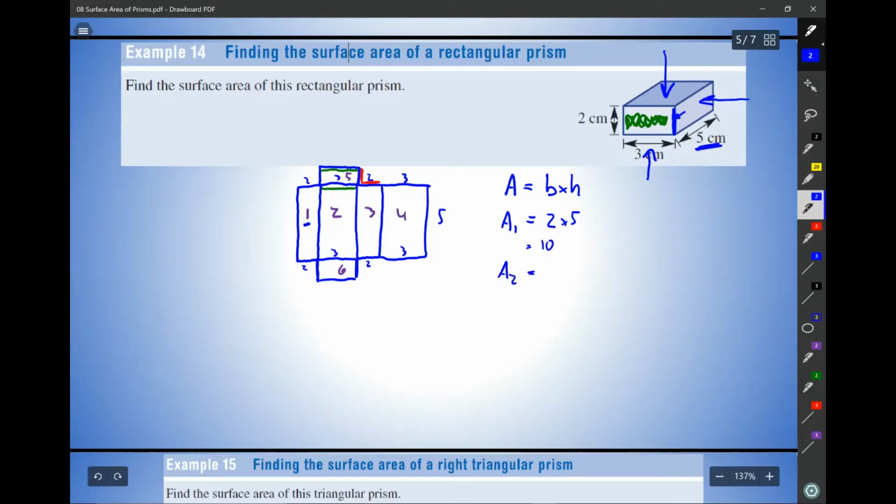Area 2 is the area for the shape with a 2 on it, and it's going to be 3 times 5 because this shape has a side with a length of 3 here, and a side with a length of 5.